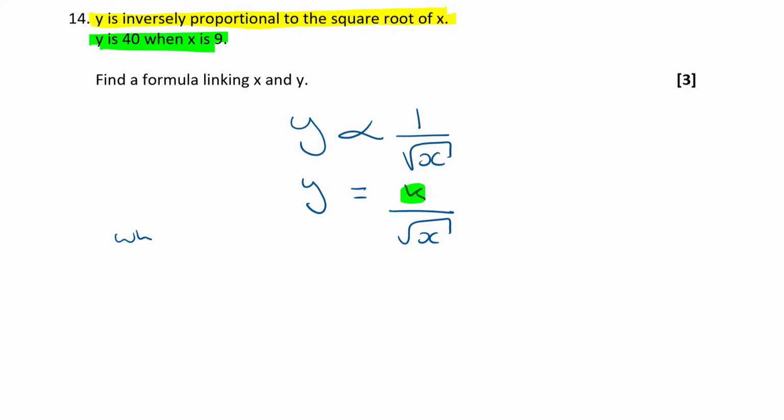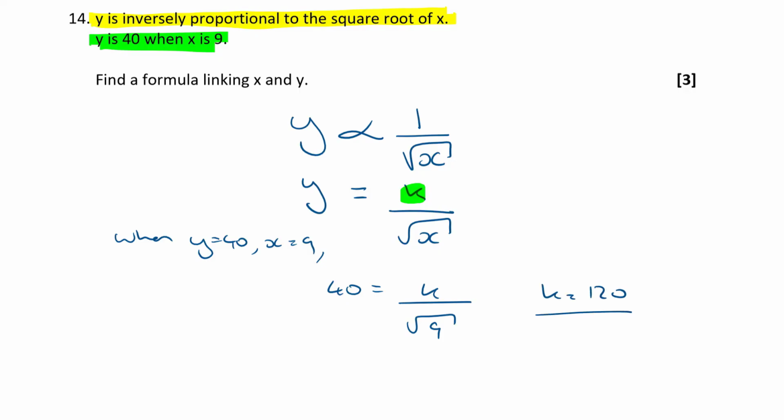So when y equals 40, x is equal to 9, so we're going to plug those two numbers in. So 40 is equal to k over root 9 then, isn't it? Okay, square root of 9 is 3. Multiplying both sides by 3, you're going to get k is equal to 120.